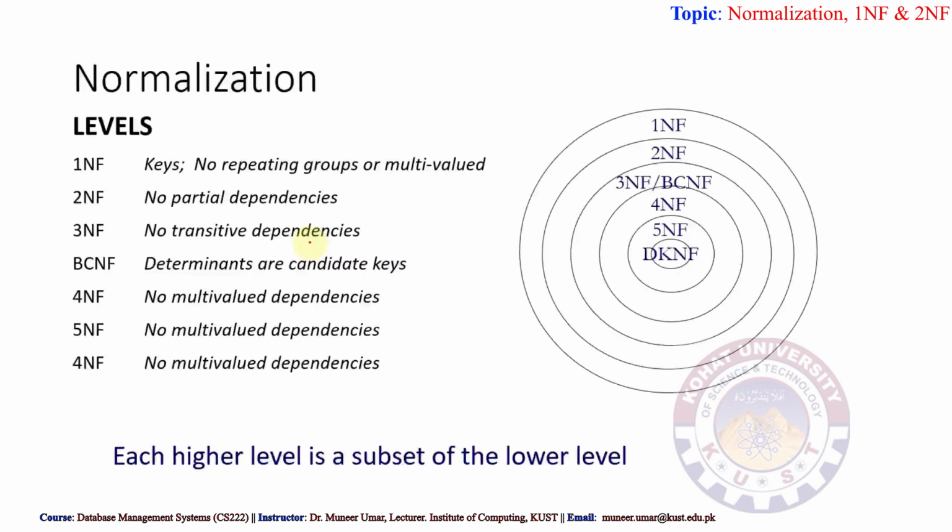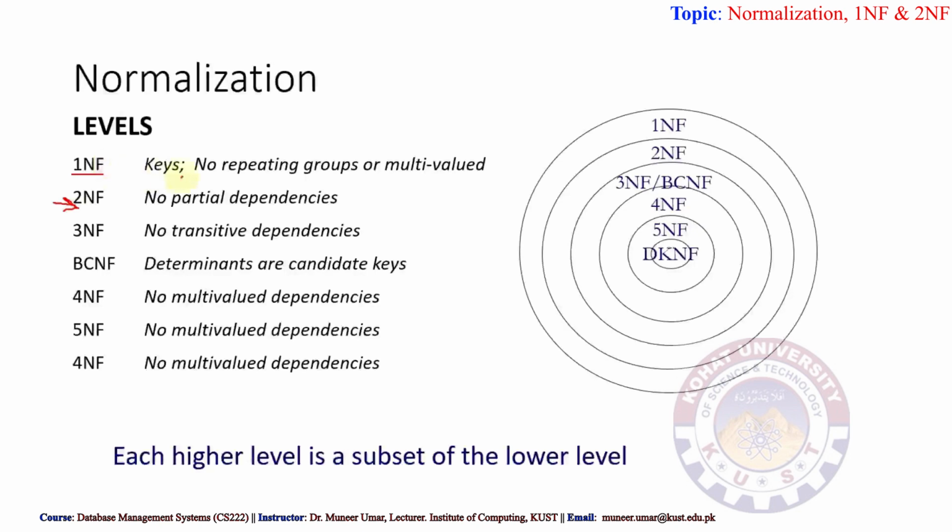If we need a database to be in a particular normal form, then it must be in the previous normal form. For example, if we need second normal form for a database, then it must be in first normal form first, then we will be able to convert it to second normal form. So these are the levels.